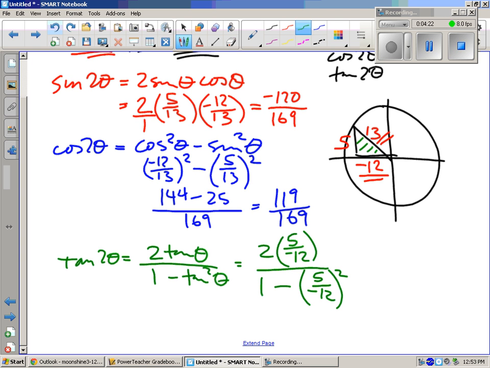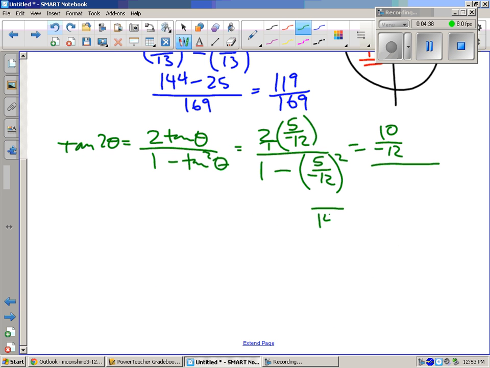Okay, so now the rest of this is just simplifying. So, multiplying the top, remember it's 2 over 1, so it's 10 over negative 12. On the bottom, on the right here, I have 144 and 25. The negative gets canceled out because of the square. And then this one, I'm going to turn into 144 over 144. Then I'll have a common denominator.